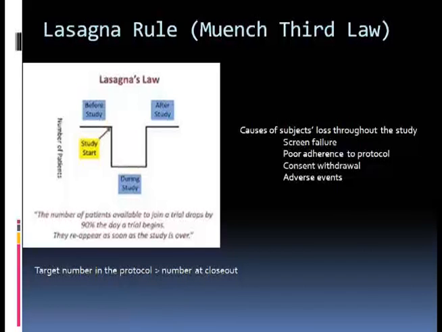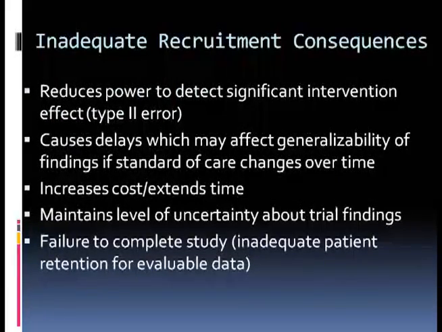Consent withdrawals and, of course, adverse events that, by the trial protocol, require that you take them off. If we don't recruit, it's bad. It's really bad because it reduces the power. It causes delay, with cost and time extended. It might also affect the generalizability of findings if the standard of care has changed meanwhile.